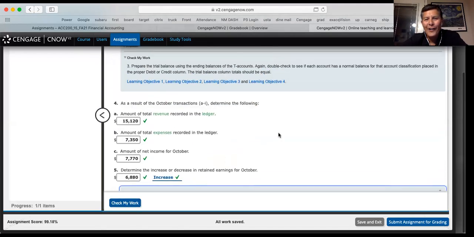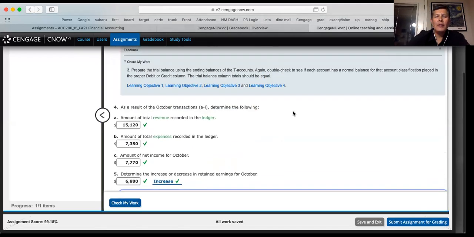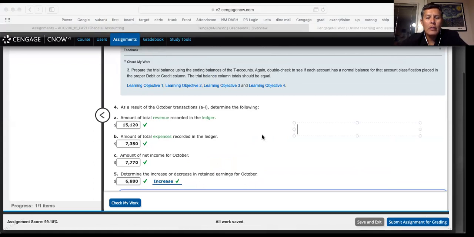Oh, okay. All right, so what happened? Let me explain this. Let me see if I can get an annotation tool and text. Notice our net income was 7,770. We have to minus our dividends, retained earnings, and I think that was 890.